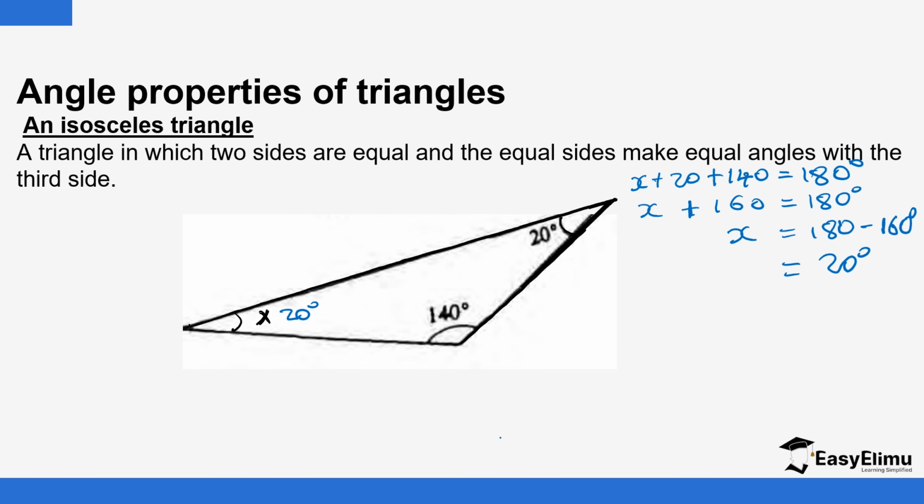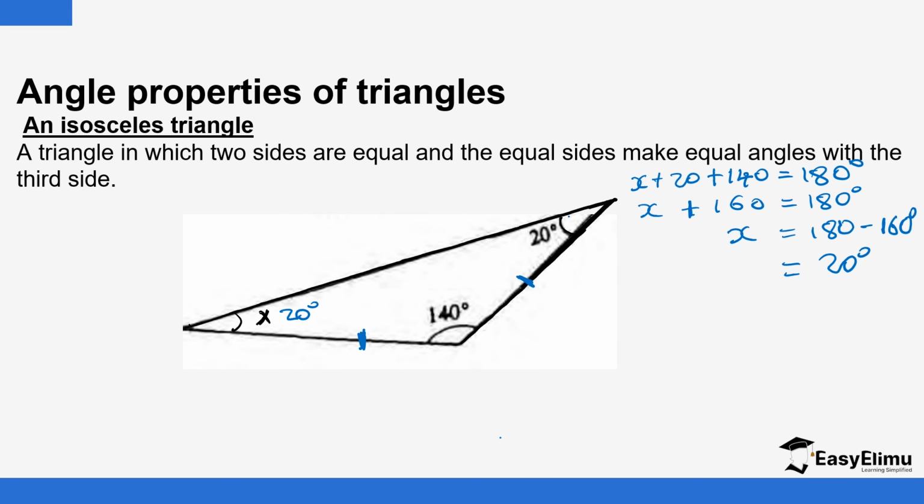So this one is what we call isosceles. These angles that are the same here, we call them base angles. One of the properties says the base angles of an isosceles triangle are equal, and also these sides are supposed to be equal in length.